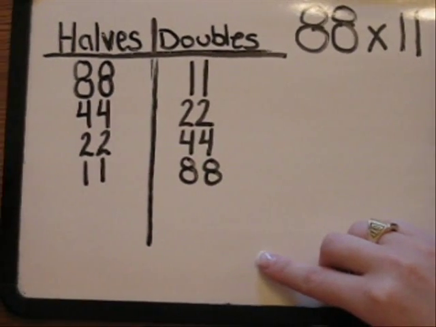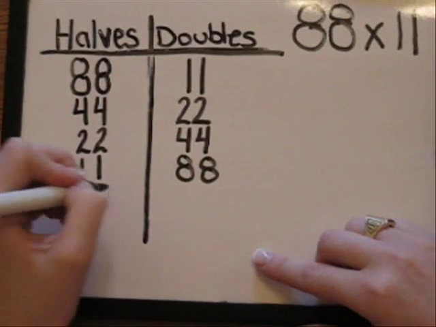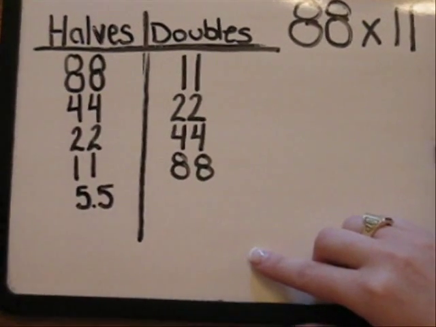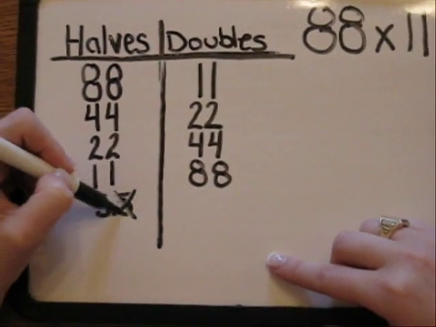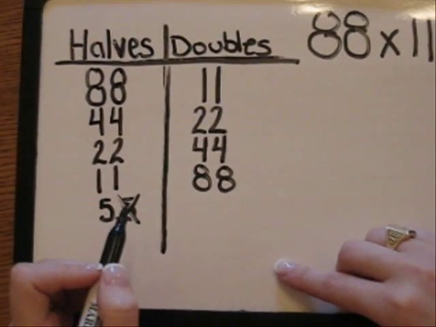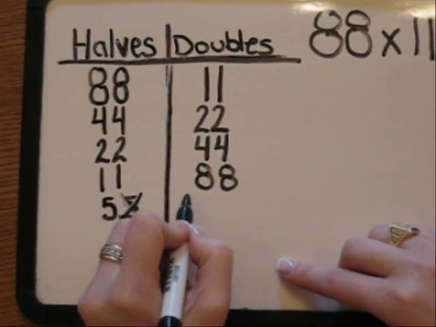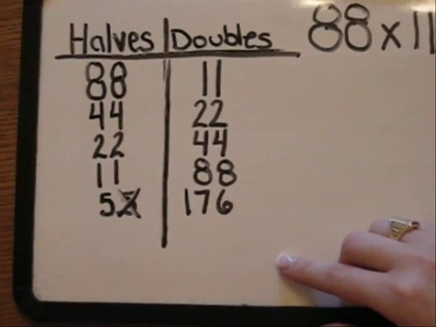And half of 11 is 5.5. But again, we don't want to pay attention to remainders, and so we're going to round down and cancel out that remainder of 0.5. And I know that double 88 is 176.